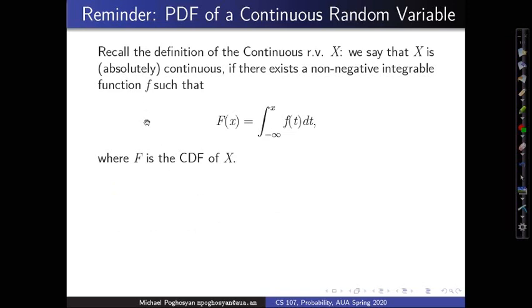First let's recall the definition of a continuous random variable in the one-dimensional case. x is a random variable.